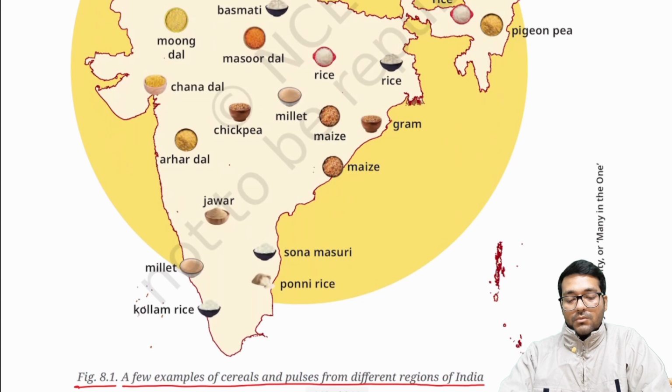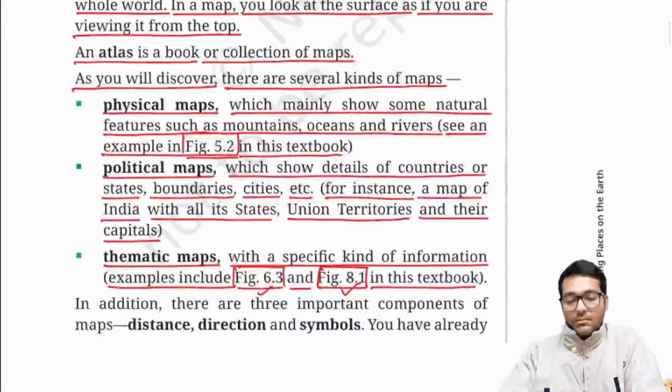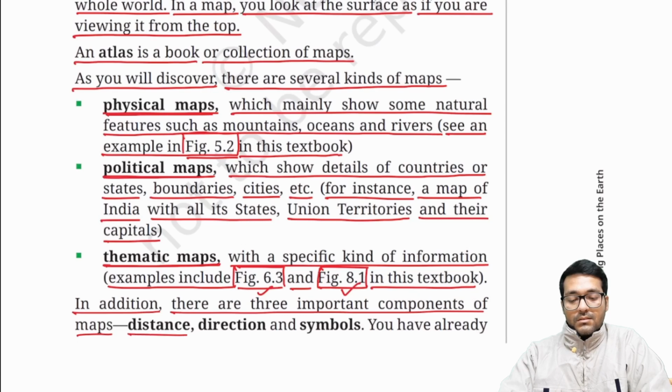Let's move to Chapter 1. There are mainly three kinds of maps: physical maps, political maps, and thematic maps. In addition, there are three important components of maps: distance, direction, and symbols.